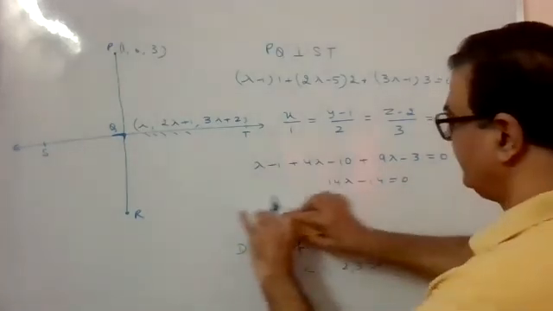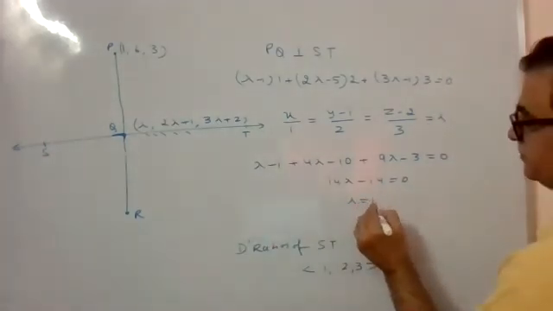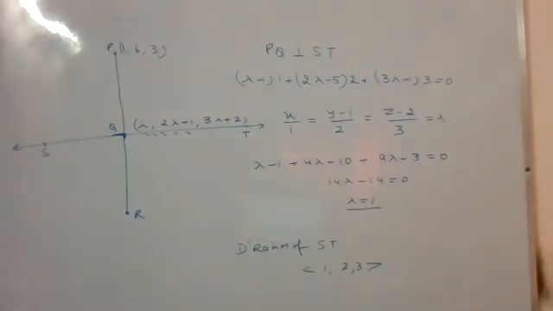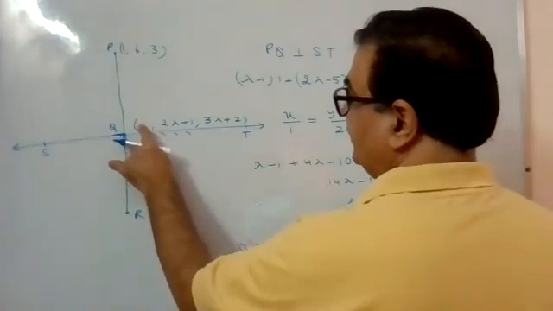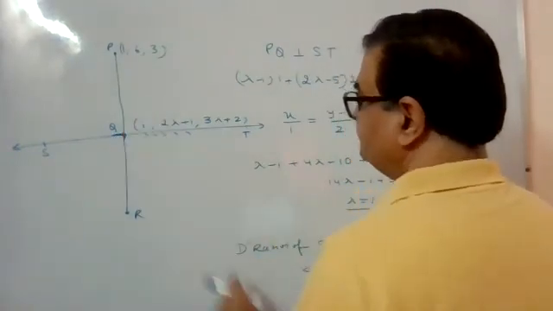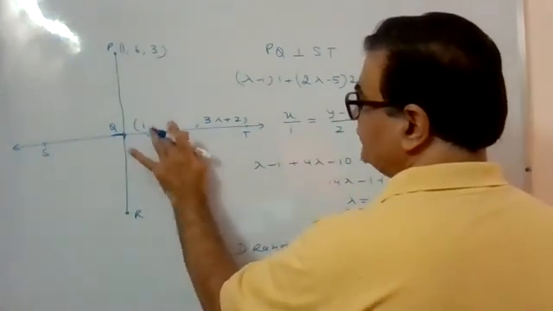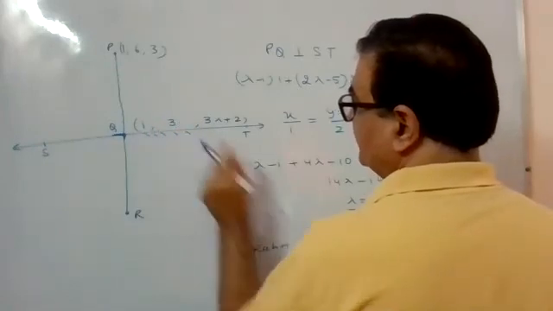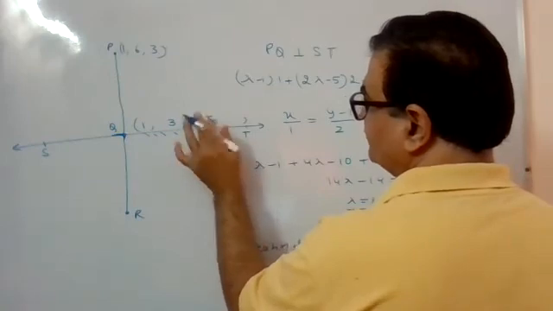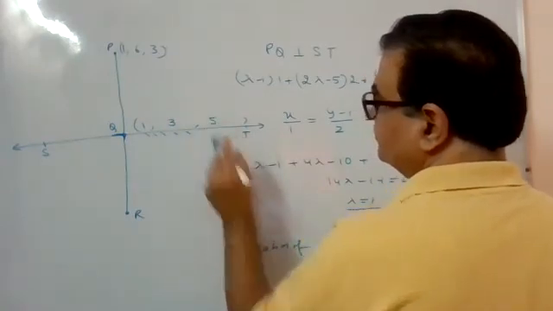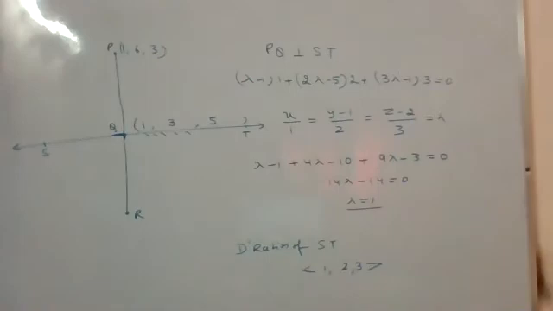That means clearly lambda is 1. If lambda is 1, then what is the coordinate of Q? The x is 1, here 2 plus 1 comes out to be 3, 3 plus 2 comes out to be 5. So the coordinate will be 1, 3, 5.